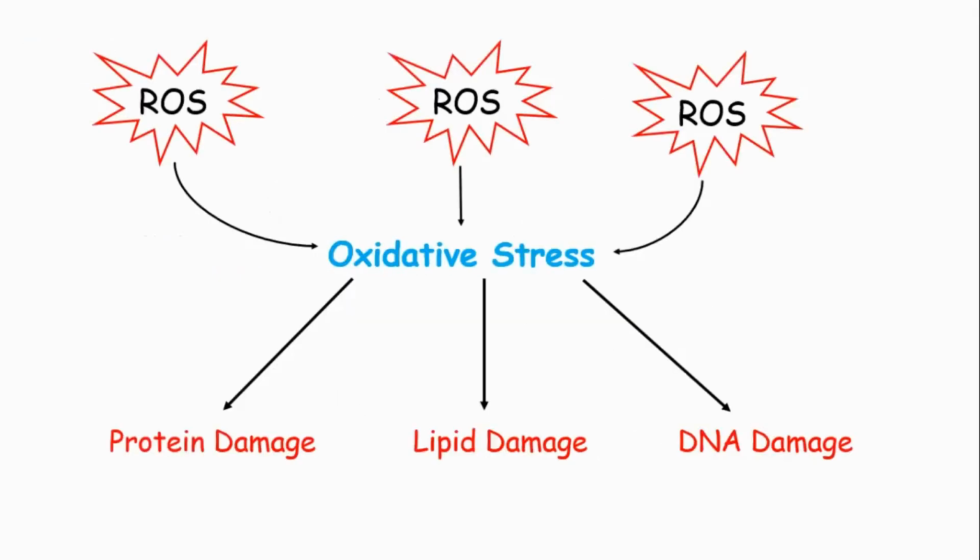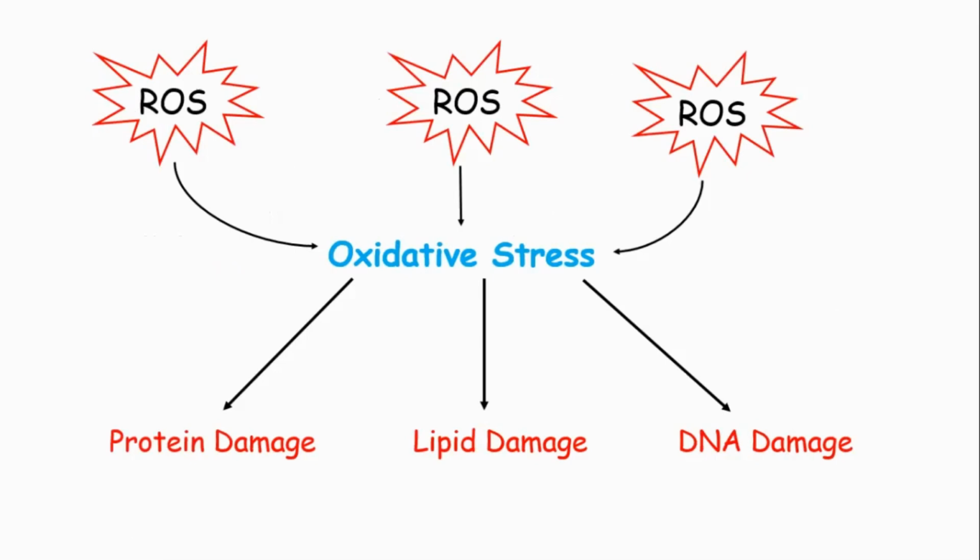Let's start with oxidative stress. Oxidative stress is caused by overgeneration of reactive oxygen species, known as ROS. The ROS molecules are highly reactive and they damage important proteins, enzymes, lipids, and even the very DNA via oxidation.